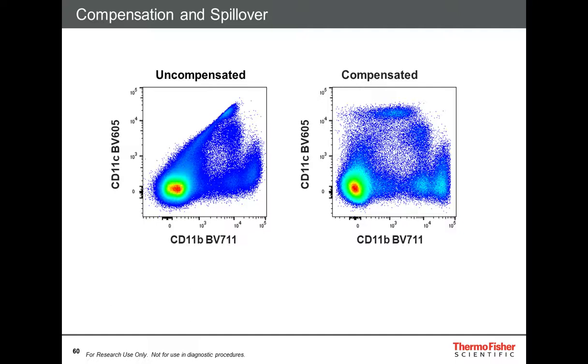But it's important to know that we've used the right compensation controls, and we don't know on the left that the population that is dimly stained for CD11b and brightly stained for CD11c is indeed double positive. So we want to make sure we use the right compensation controls to have good data.